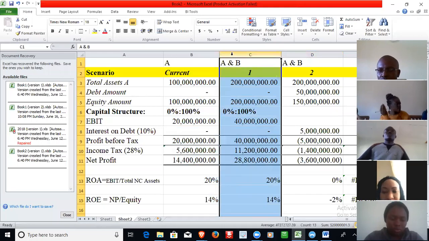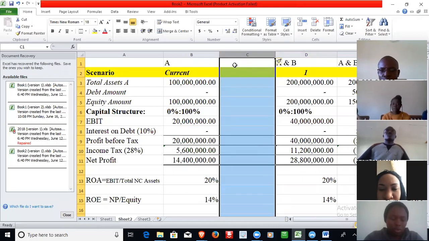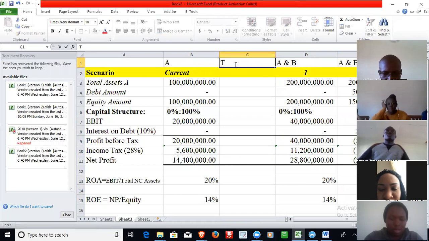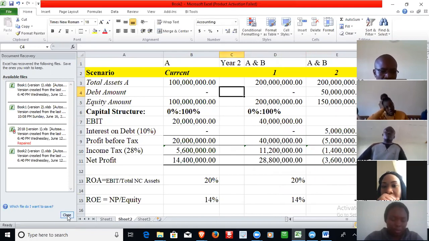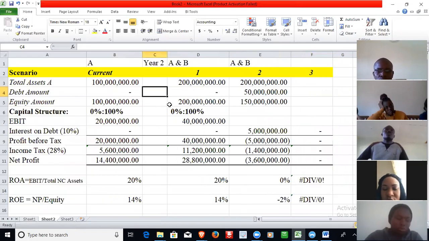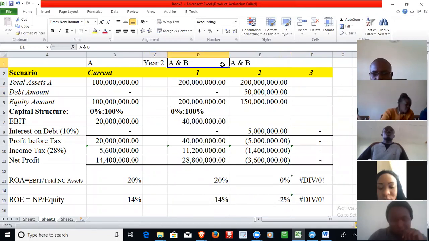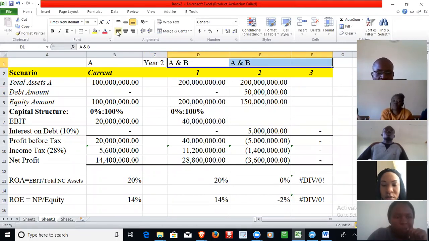Now we are in year what? We are in year 2. Are you together? We are in year 2 here in this instance. So we are finding which one is the best option to fund the second project.